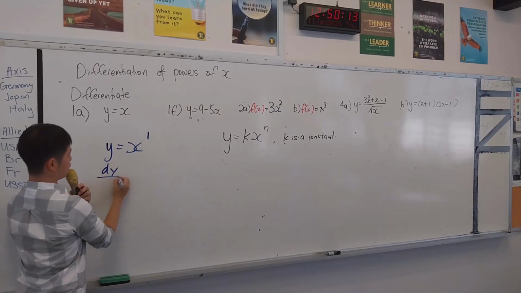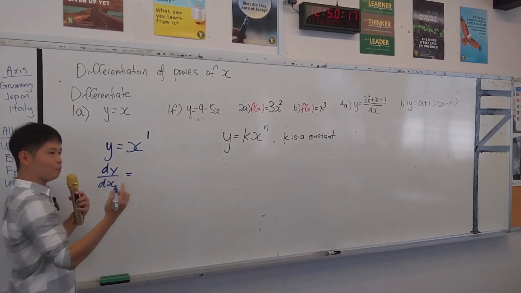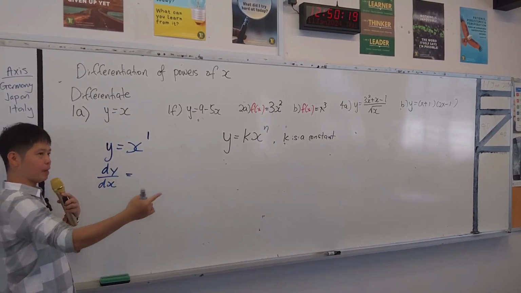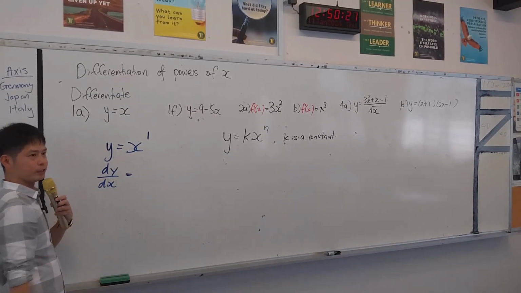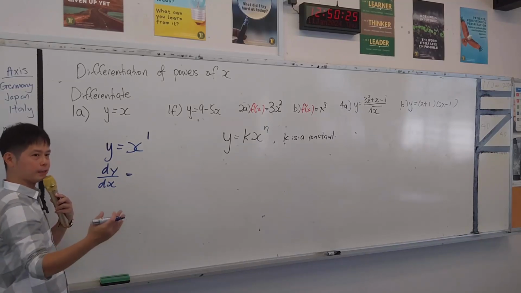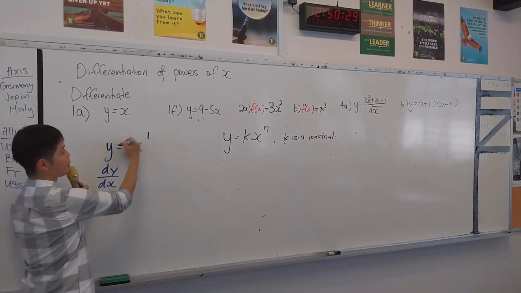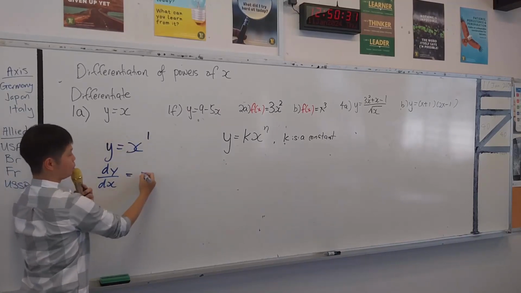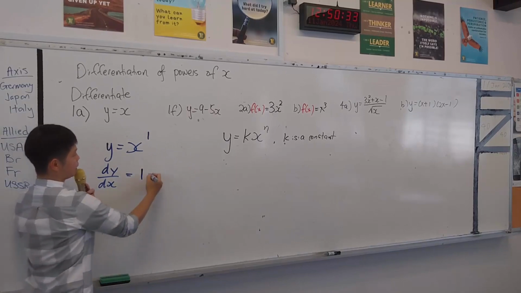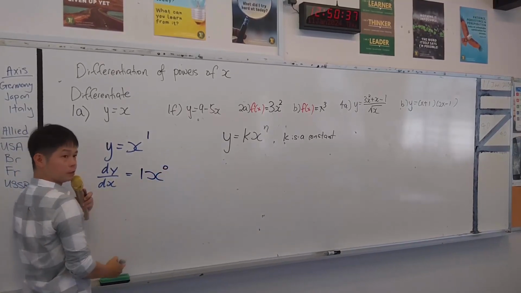In order to differentiate y with respect to x, or rather just dy/dx, bring down the power, minus 1. You keep on hearing this for the whole year. Bring down the power, minus 1. So I bring down the power, and then the power minus 1 becomes 0.